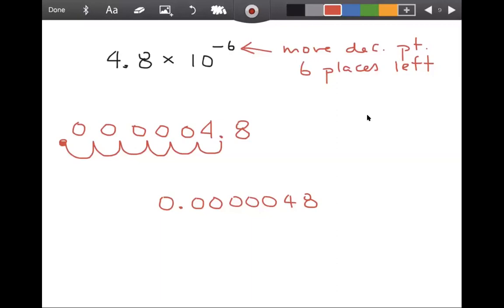If the decimal point was here, that would be hundredths, 48 hundredths. So this would be thousandths, ten thousandths, hundred thousandths, millionths, ten millionths. So this decimal is 48 ten millionths, 48 parts per 10 million. That is a very, very small amount.